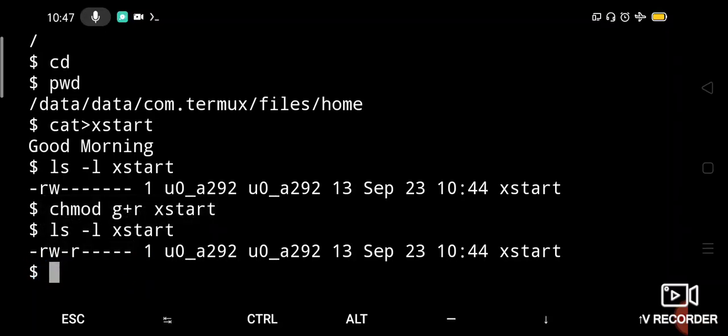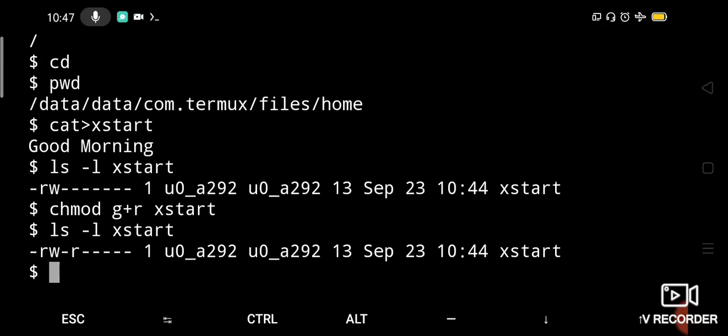So that is how you can add any particular permission for any particular category without disturbing the other permissions. The user permissions and others permissions are safe. They are not changing. Only the group permission is changing because we changed only that permission.